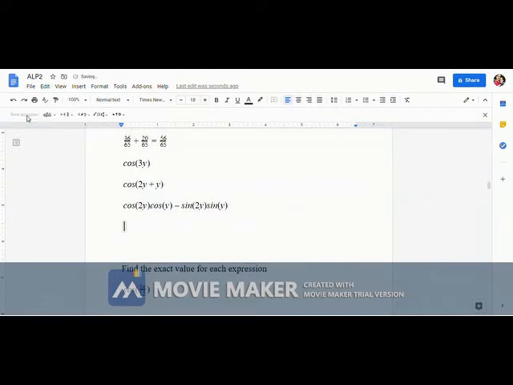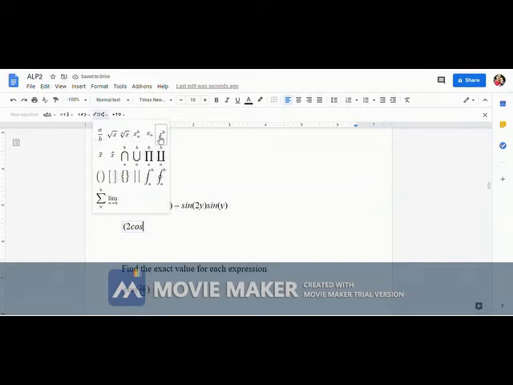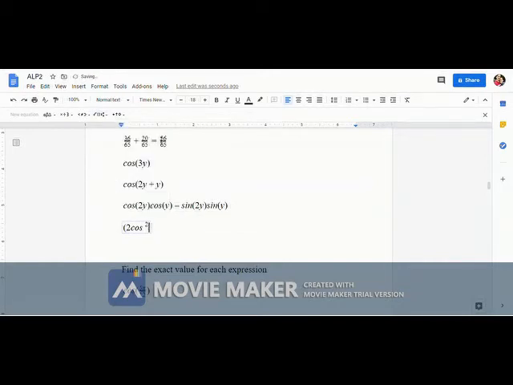Alright, and then we'll write cosine 2y and sine 2y in their simpler forms. So we get 2 cosine squared y minus 1, times cosine y, minus 2 sine y cosine y times sine y.